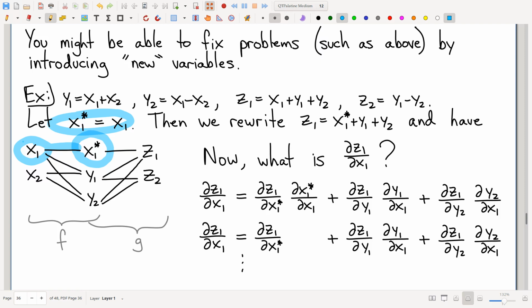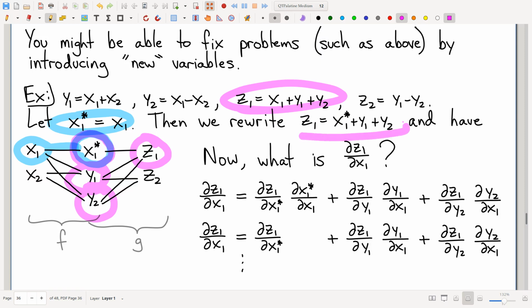Then, per this equation right here, I want z1 to be a function of y2 and y1 and x1, but x1 is the same as x1 star. So I just rewrite it like this.